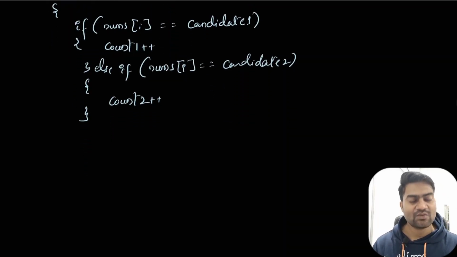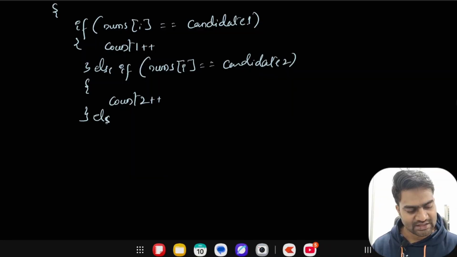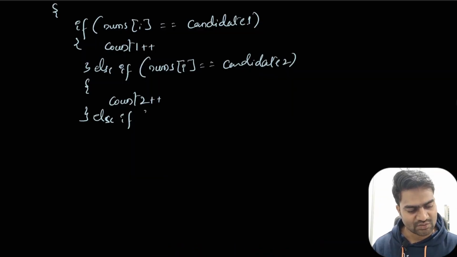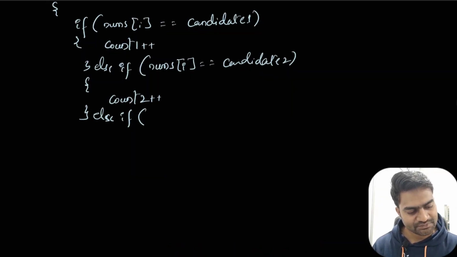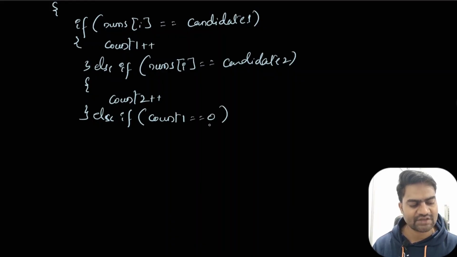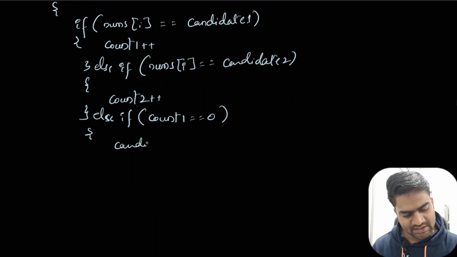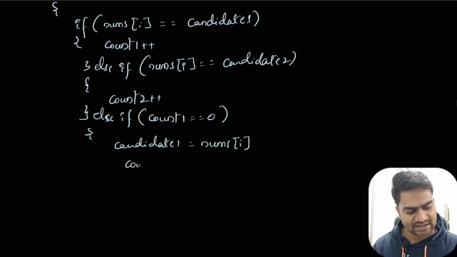Okay. Then what I will do, if this is also not the case, then in the else if, I will check my count 1 equal to 0. If my count 1 equal to 0, I get a new leading candidate 1. So I will say my candidate 1 equal to nums of i, and I will say count 1 equal to 1.